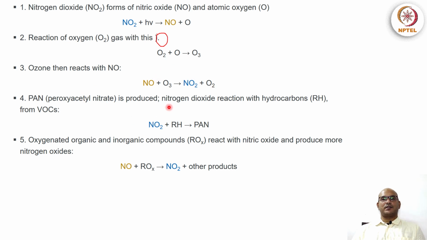NO2, nitrogen dioxide, can react with some hydrocarbons, here represented as RH, which may for example be produced from VOCs, and form peroxyacetyl nitrate, which is PAN. Or NO can react with oxygenated organic and inorganic compounds, here written as ROX, to form NO2, nitrogen dioxide.